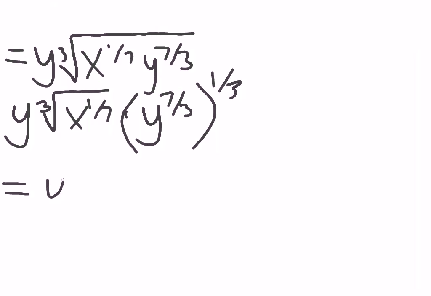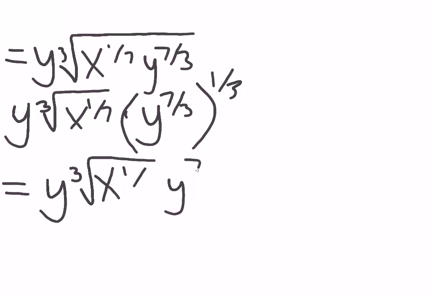And then we're left with y times the cubed root of x to the 1/7, and y to the 7/3 raised to the 1/3 becomes y to the 7/9, because I just multiply those powers across. So that's just y to the 7/9.